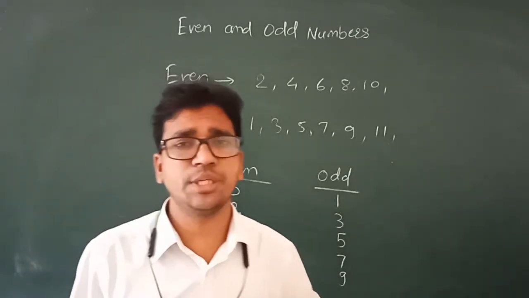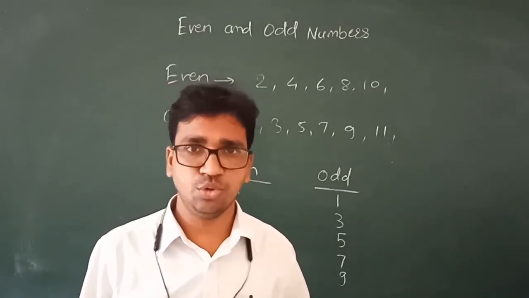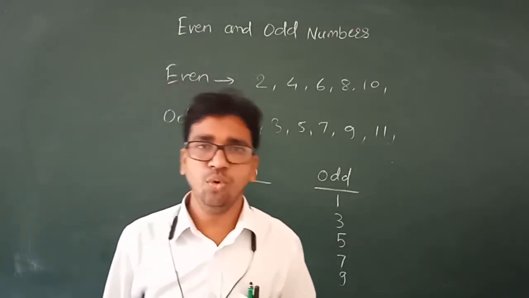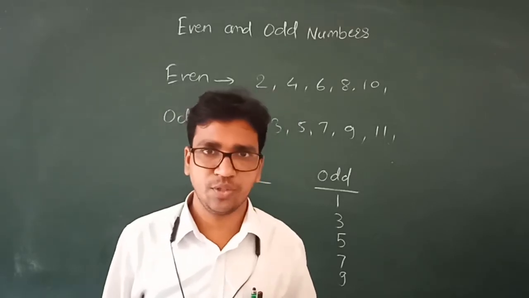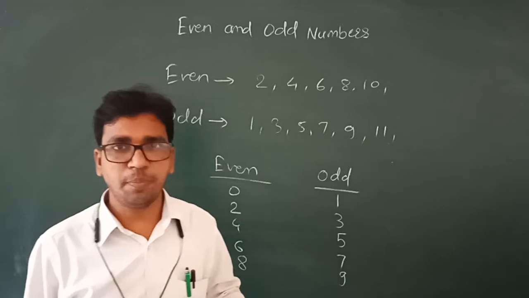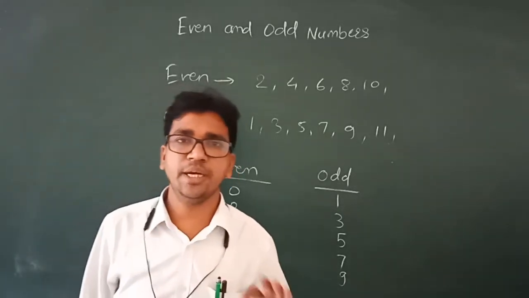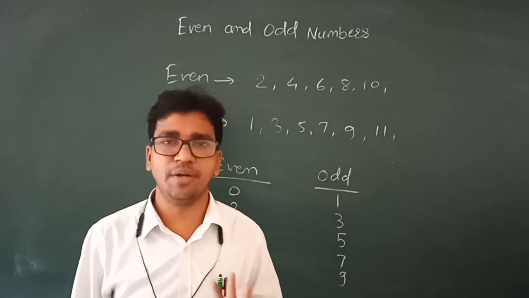Or we can say the numbers which are divisible by 2, जो 2 से डिवाइड होगा तो वो भी नंबर इवन रहता है. And in the odd, at ones place पे 1, 3, 5, 7, 9 ये अगर नंबर्स आते हैं then it is an odd number.